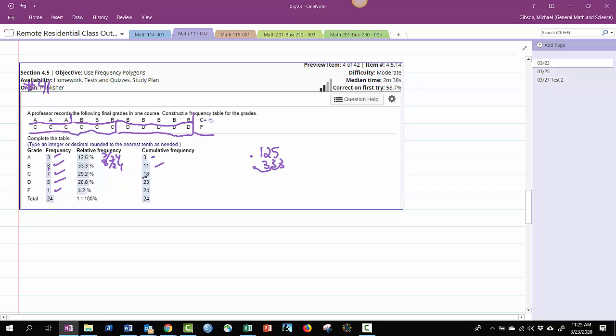Third row, the one for that row is 7, right? Plus the ones before it, just add the number above there in the cumulative. 7 plus 11 gets you 18, right? Fourth row, cumulative, the one for this row is 5, plus the 18 from the ones before gets you 23. And that is how those work.